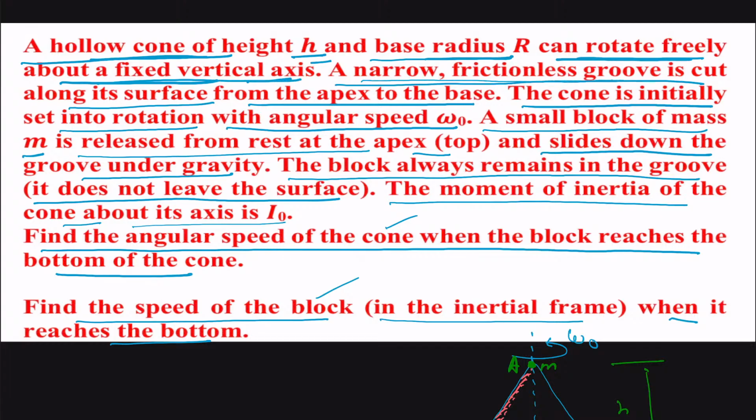A narrow friction groove is cut along its surface from the apex to the base. The cone is initially set to rotation with angular speed omega naught. A small block of mass m is released from the apex, slides down the groove under gravity. The block always remains in the groove, it does not leave the surface. The moment of inertia of the cone about the axis is I naught.